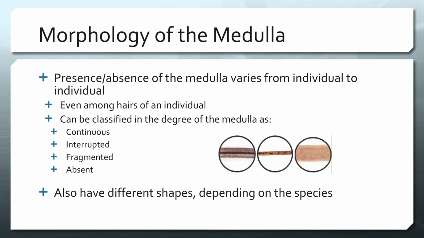This can also be looked at for the different shapes depending on the species. But there's a database that exists of the 35 most common animal hairs encountered in forensic cases. And this allows examiners to rapidly search for animal hairs based on scale patterns and medulla types.